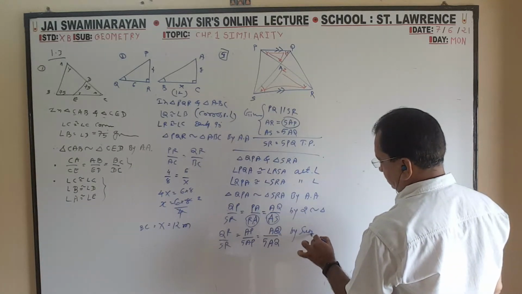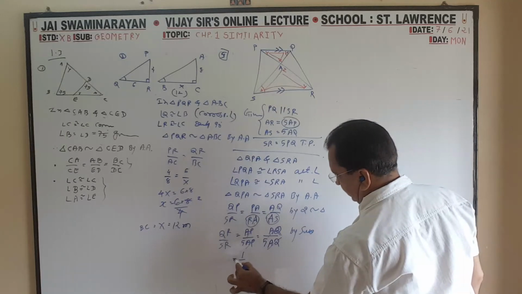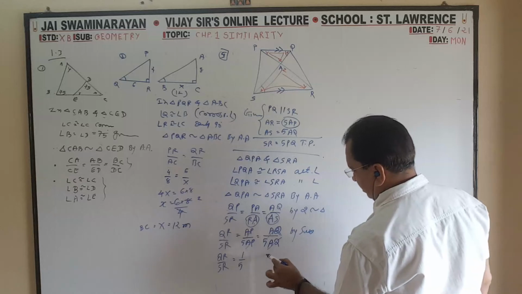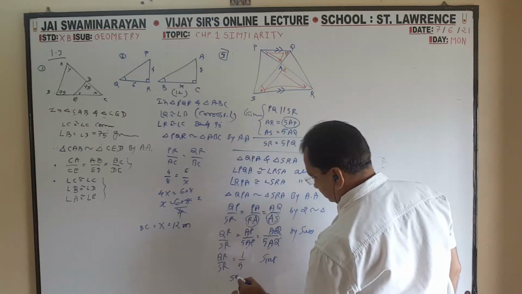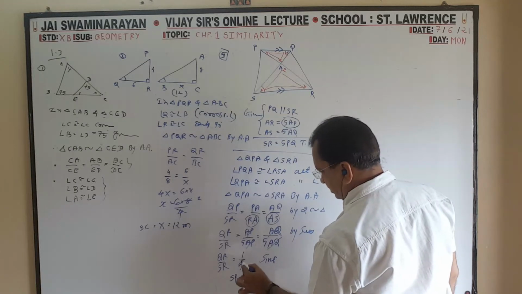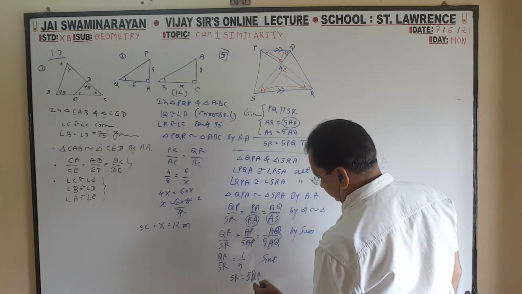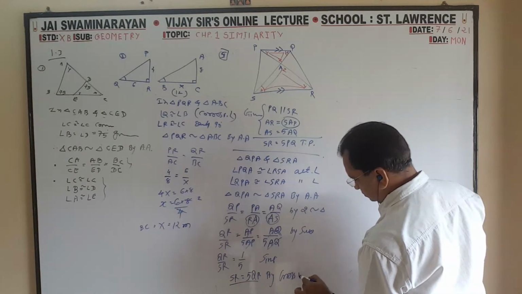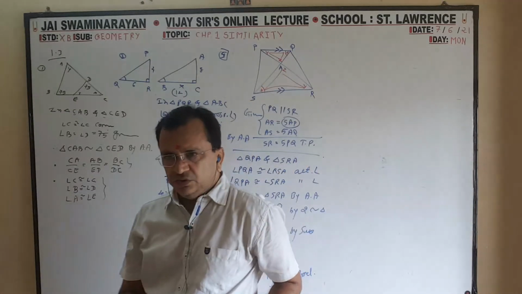By substituting, this cancels, this cancels, so 1 by 5 only you will get for PQ by SR. By simplifying, now do the cross product: SR is 5 PQ, by cross product.